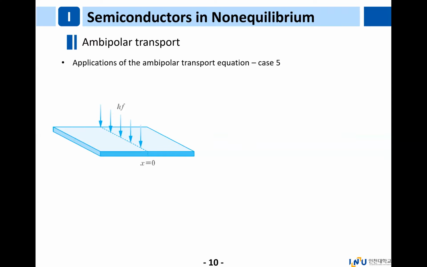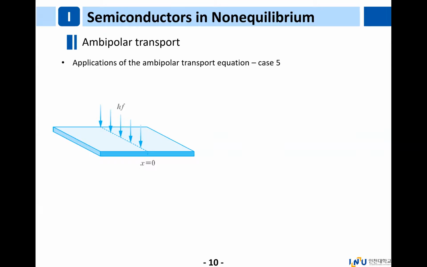So until now we have considered examples where either time or space change, but in this case, let's think of an example that depends on both time and position.